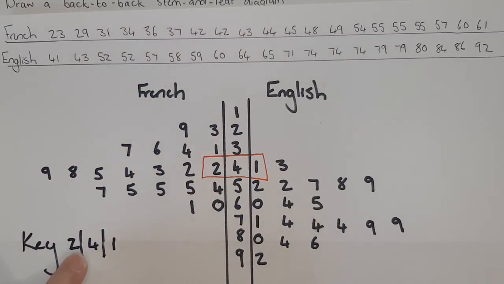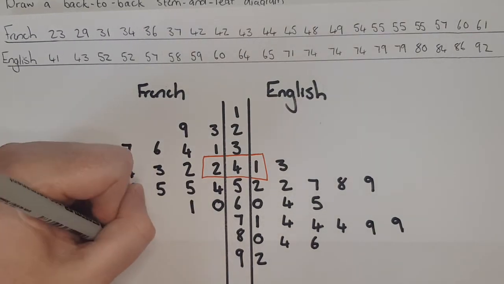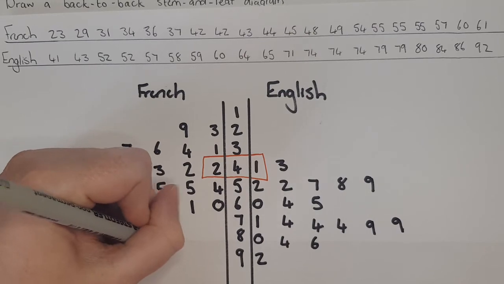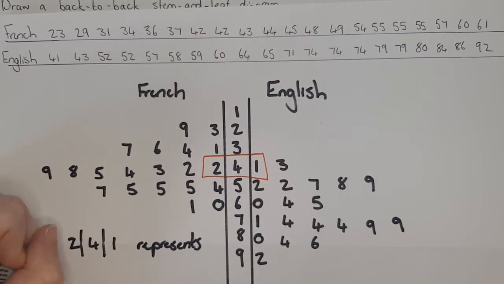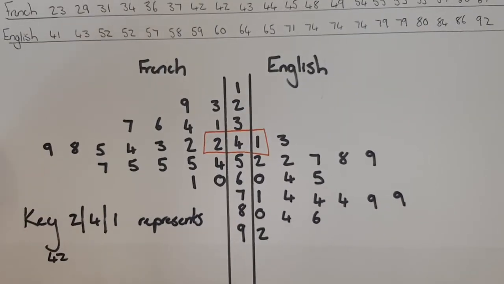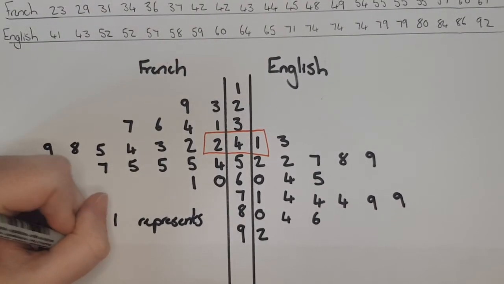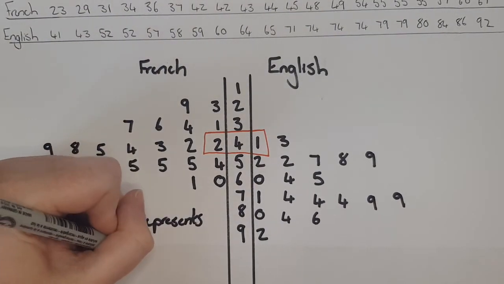So I say 2, line 4, line 1, and that represents 42 marks for French.